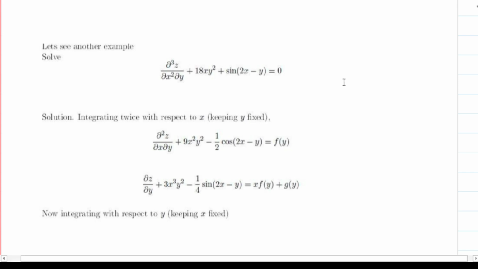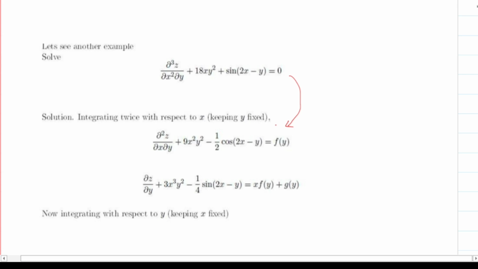Okay, so first of all let us integrate the given partial differential equation with respect to x. So we get ∂²z/∂x∂y plus 18 into x square by 2, so that is 9x²y² minus 1 by 2 cos(2x minus y). In the right hand side it is equal to 0, but you have to introduce an arbitrary function.